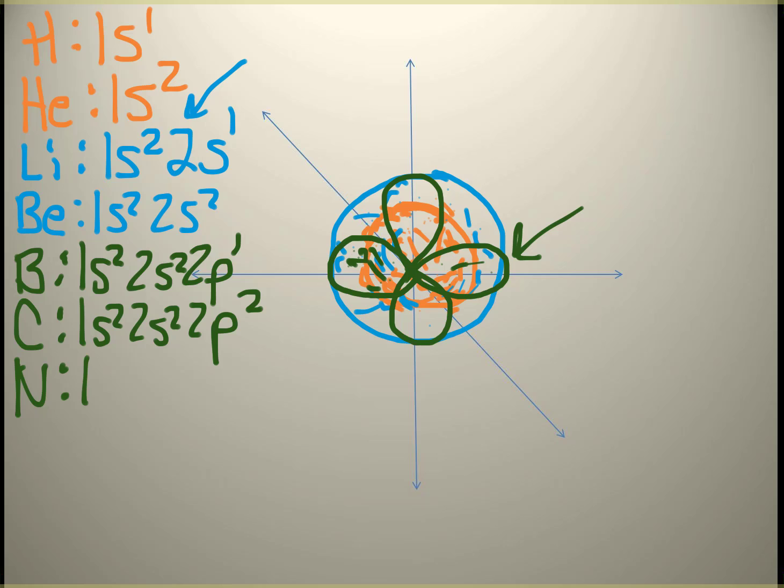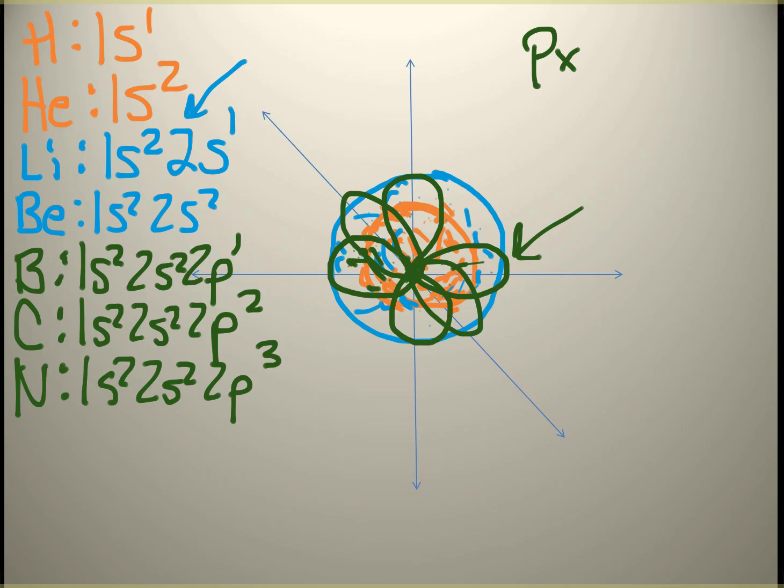So we have 1s2, 2s2, 2p3. This is going to be the orbital that's coming straight off the screen, and so I have basically a px, py, and pz.